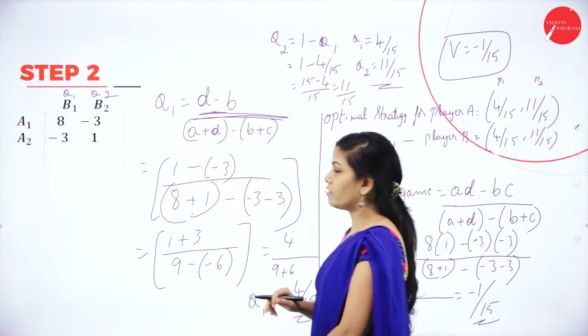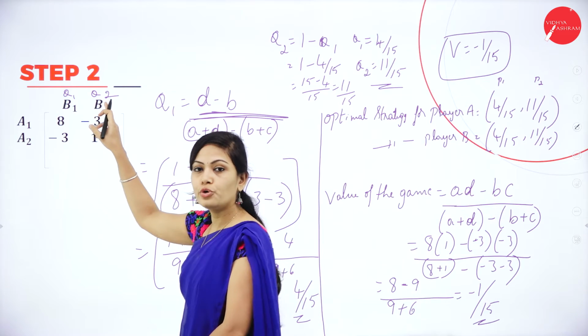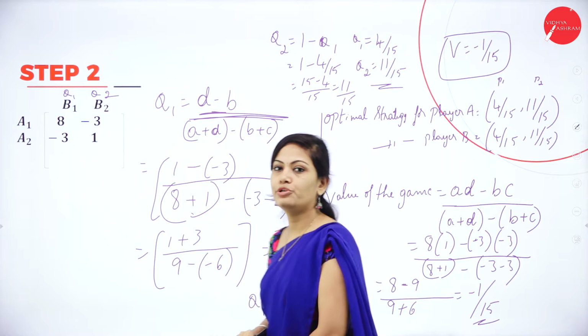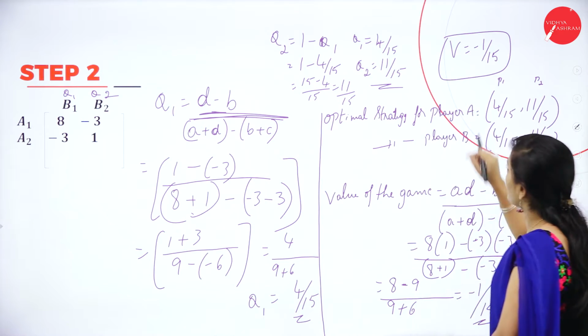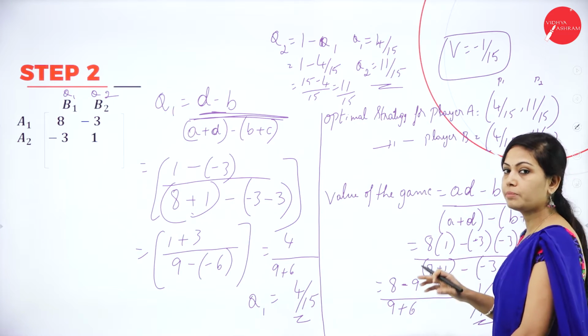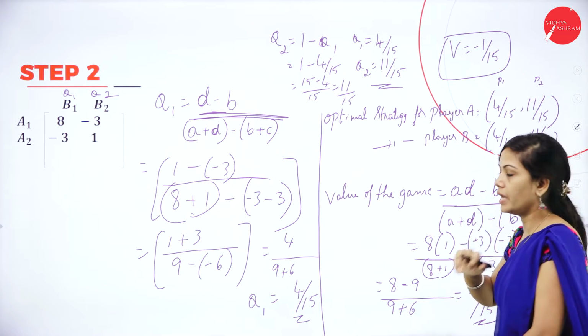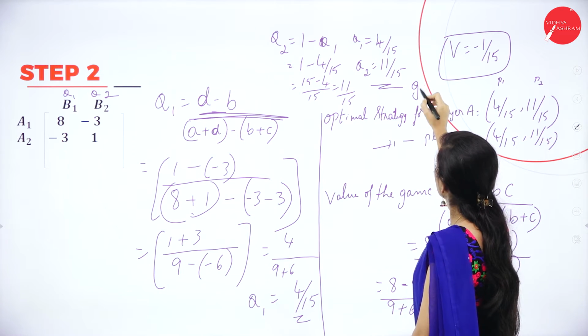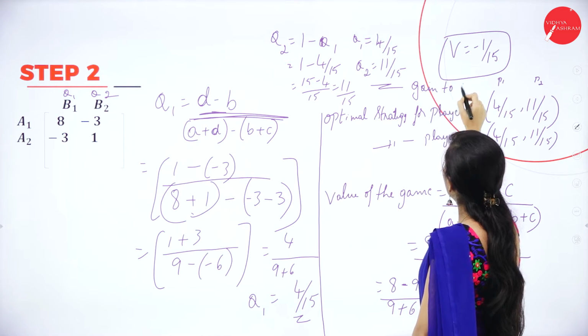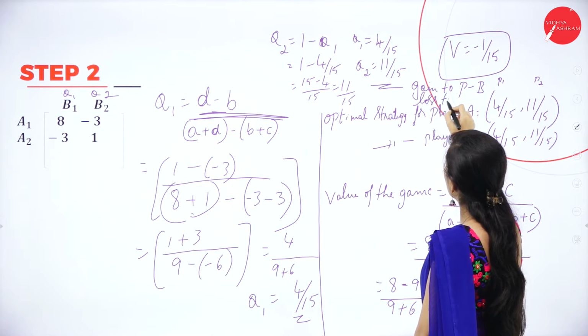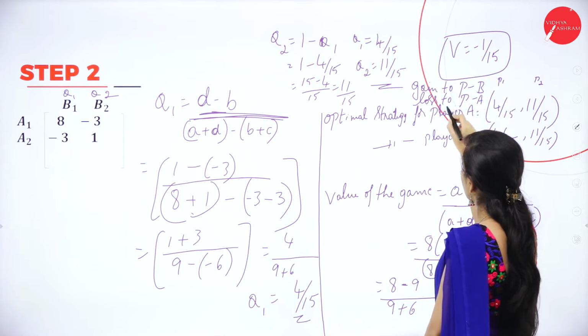If you get a negative value, that is the gain to player B and loss to player A. That you have to mention. So here in the value of the game you got a negative value, which means gain to player B and loss to player A.